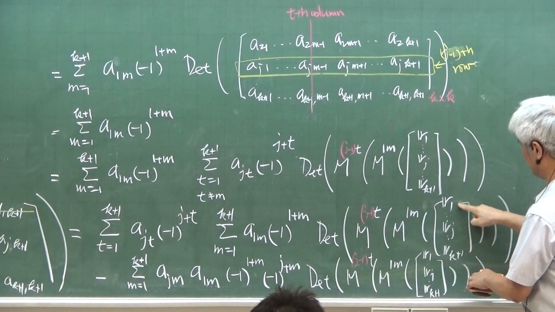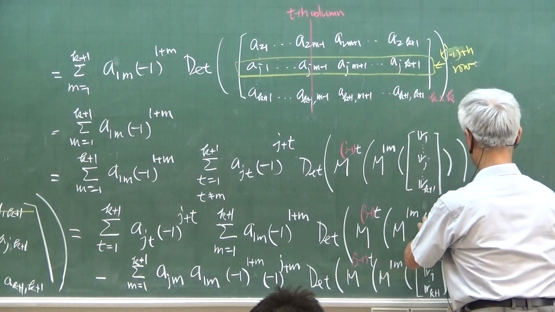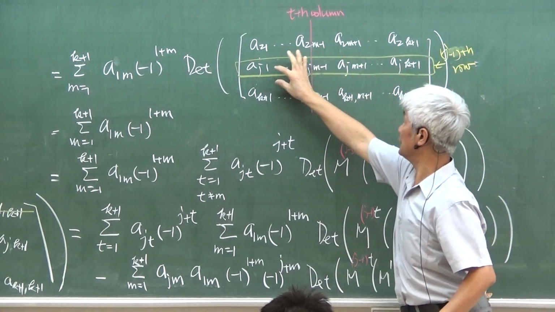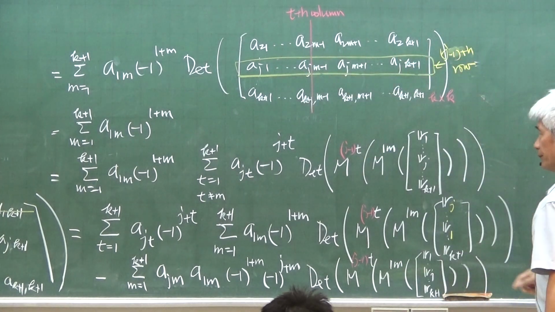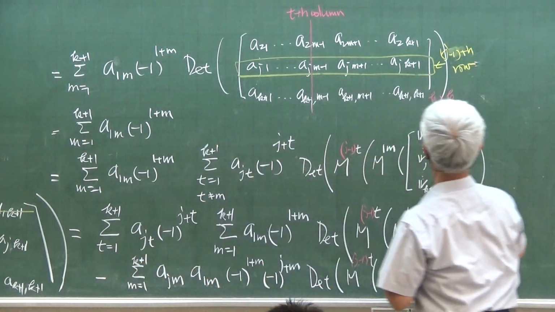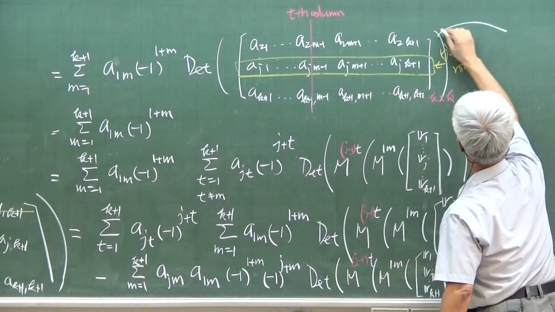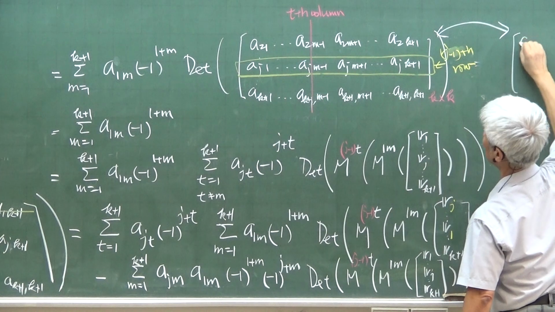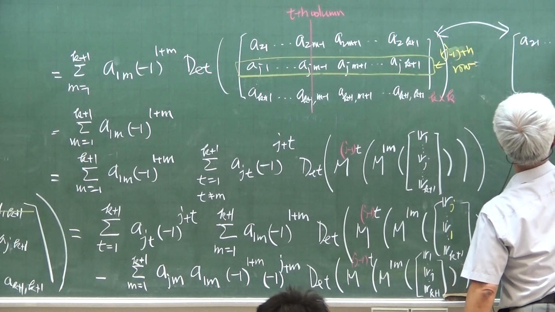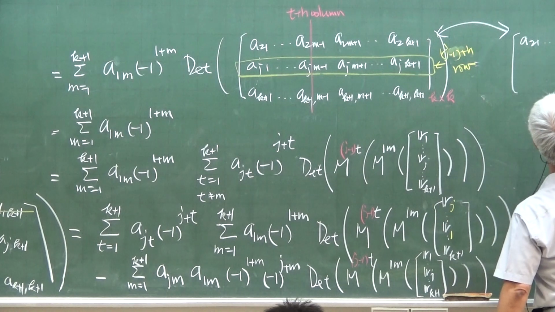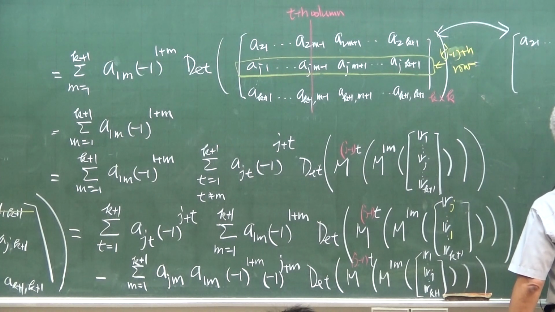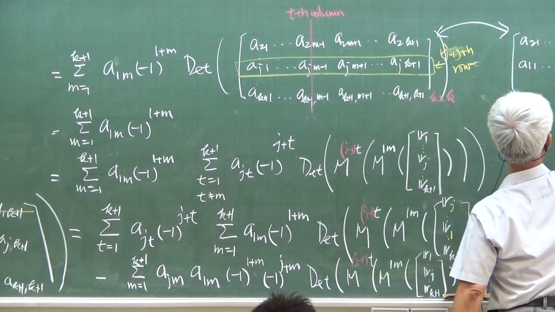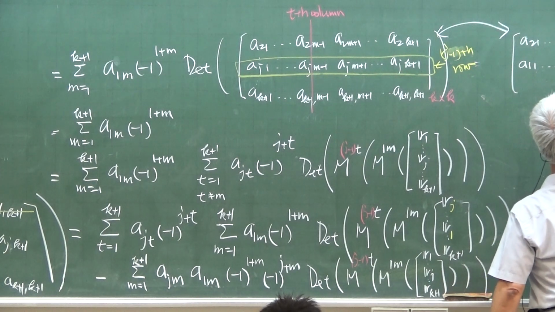Now I will exchange them. Okay, so now I will move, save at 1. So basically I will replace the j minus 1 row by another matrix. It will be a_21, a_2 n minus 1, a_2 n plus 1, a_2 k plus 1. And now a_11, a_1 n minus 1, a_1 n plus 1, and a_1 k plus 1.